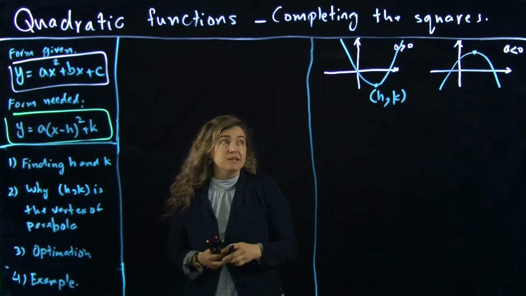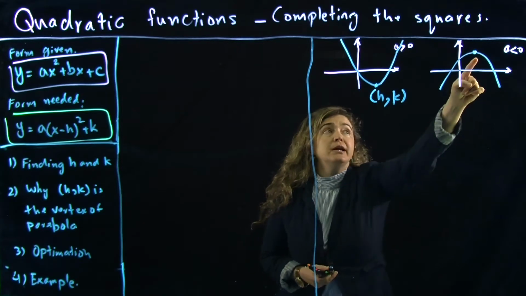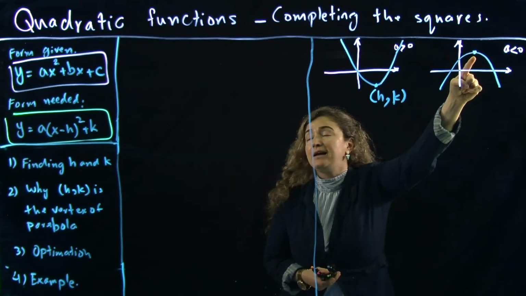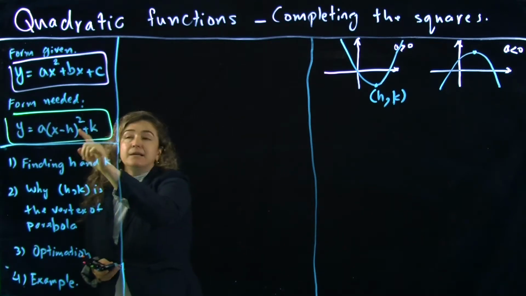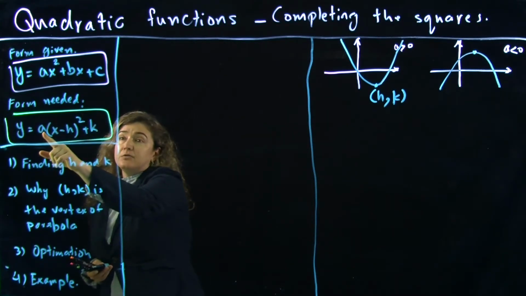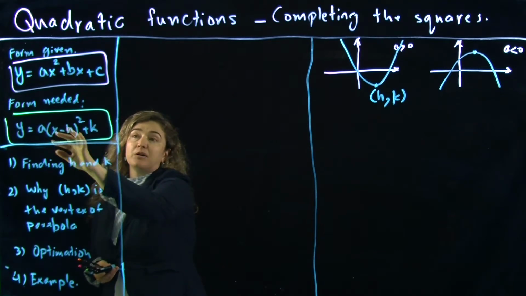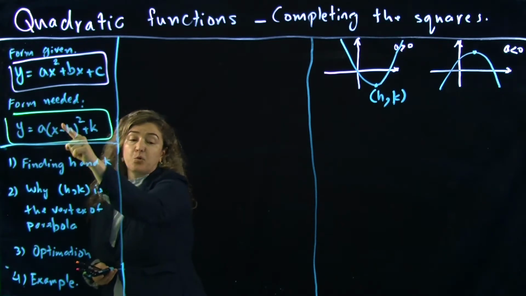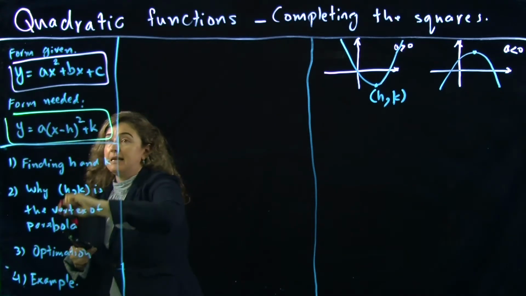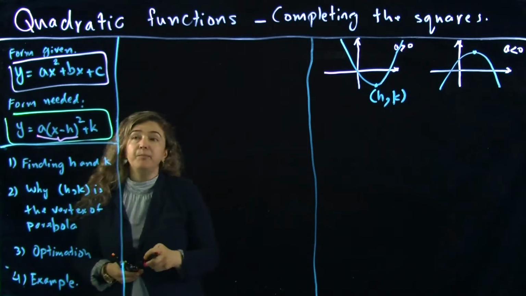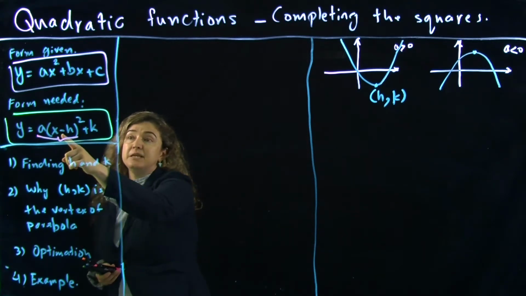and k would be the y value. Again, for a less than 0, I'm looking at a point whose y value is the maximum. Looking at this format, a is a negative value here, and I want to subtract the smallest amount, because negative times a square means a negative value. I want the entire thing here to be maximum, and to achieve that, this has to be 0.